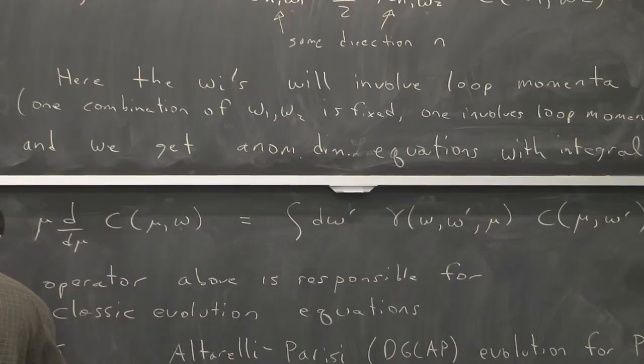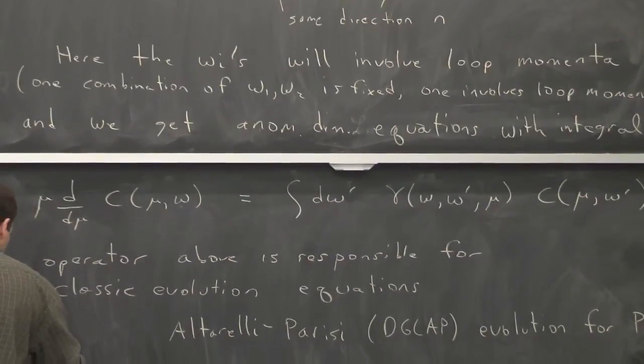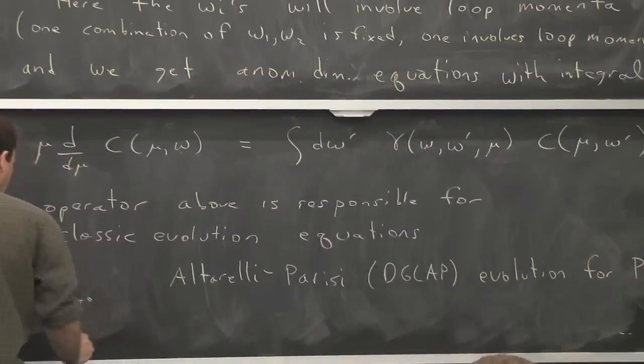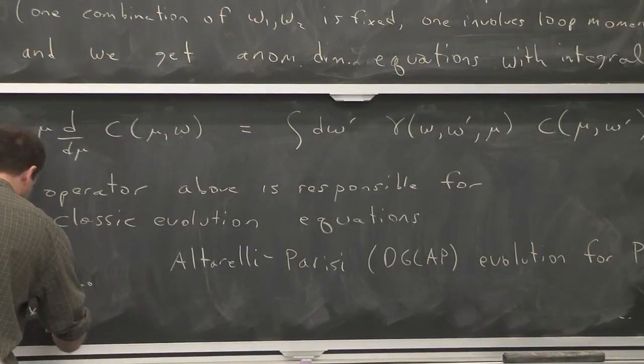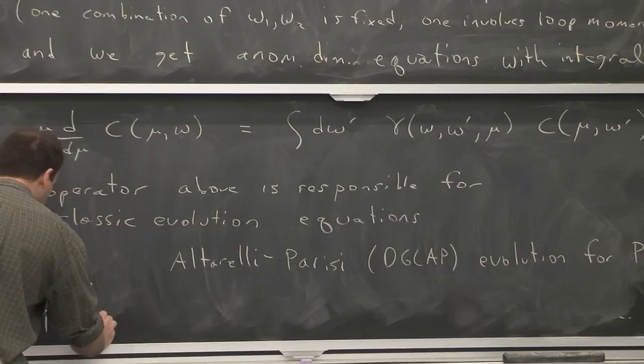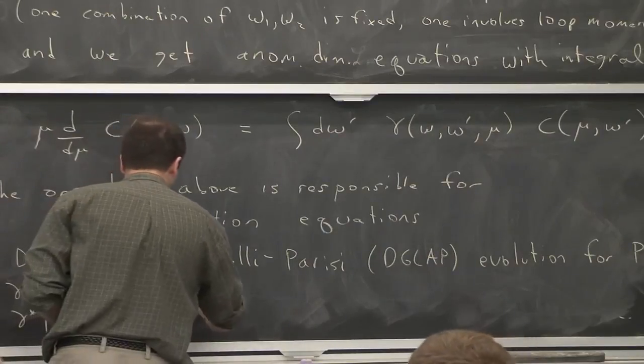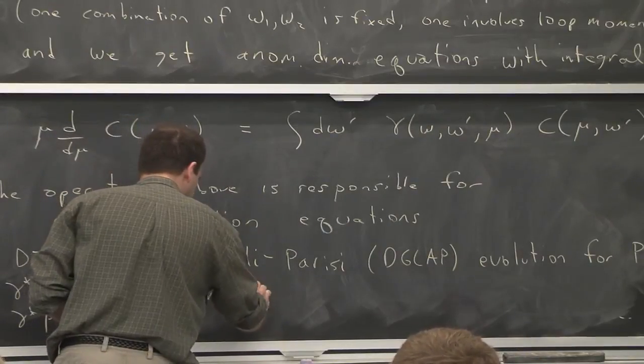There are other processes, some of which we may talk about later on, that are also encoded in this same type of operator, kind of a different projection of it. One of them leads to something called the Brodsky-Lepage equation.